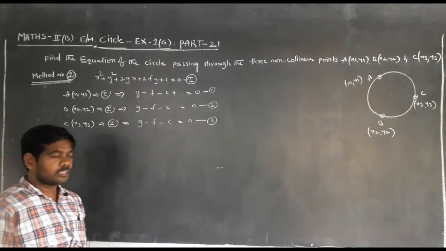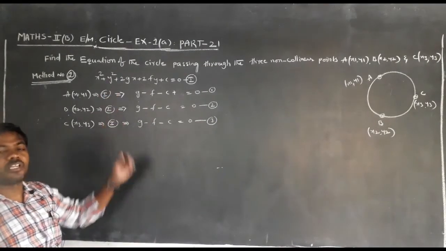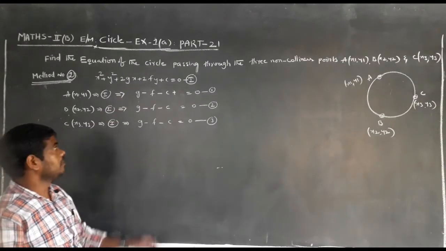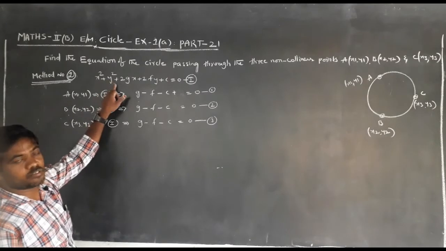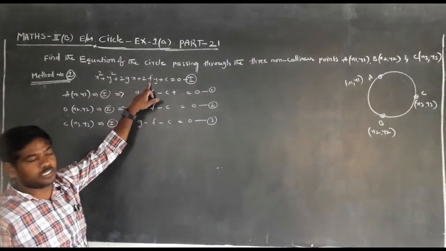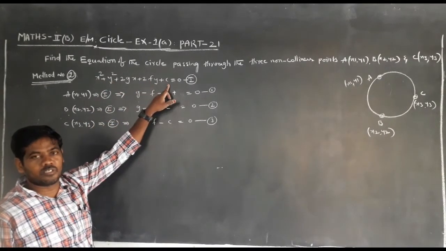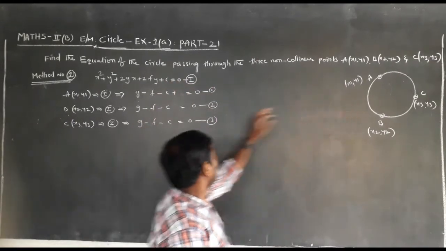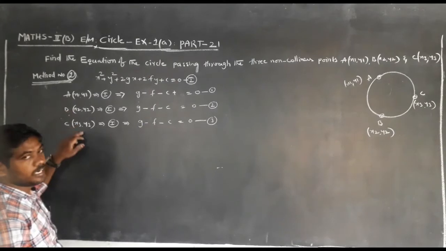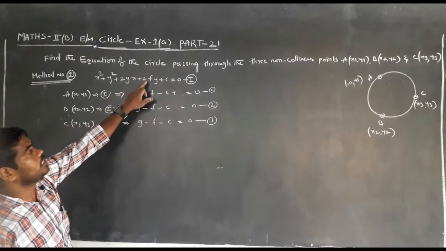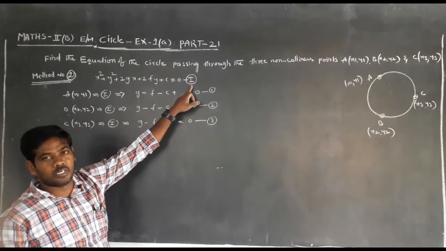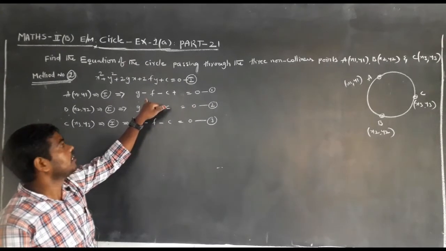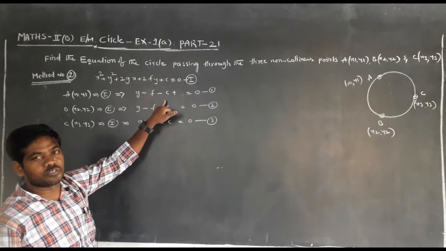In this method, we suppose the equation of the circle passing through the three non-collinear points is x square plus y square plus 2gx plus 2fy plus c is equal to 0. Substitute the coordinates A, B and C in equation Roman number 1. Here we get three equations in g, f and c.